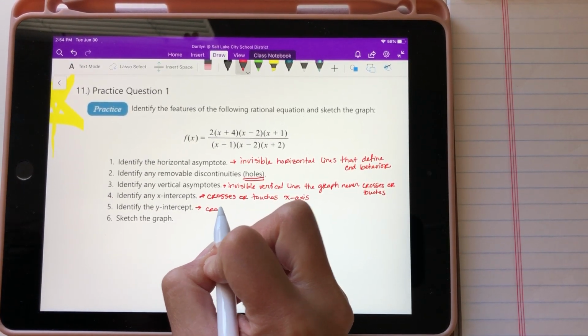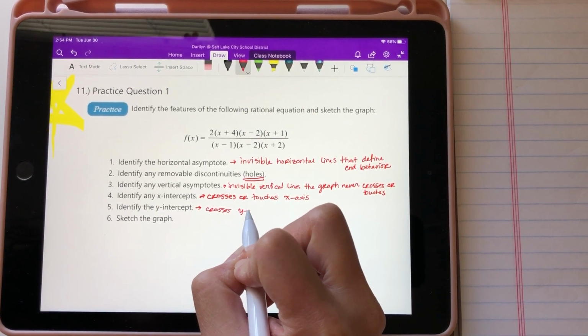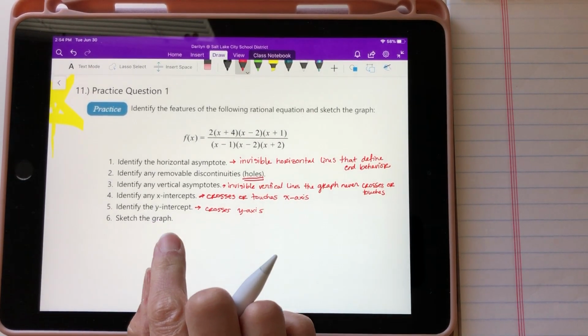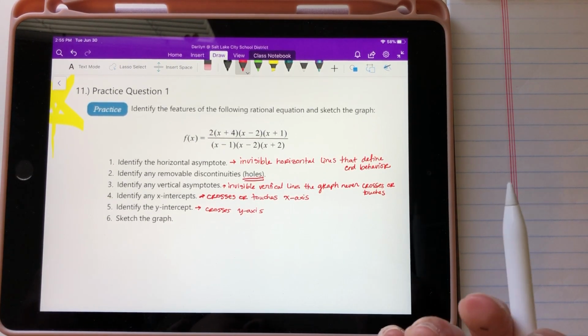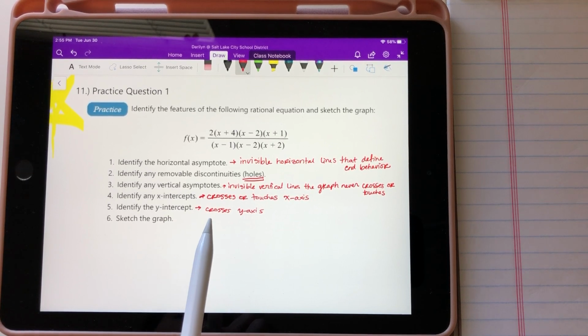Y-intercept, where the graph crosses the y-axis. Notice you cannot touch a y-intercept and bounce back, because that would make it not a function, because it wouldn't pass the vertical line test. So anytime you have a y-intercept, the graph crosses the y-axis there.